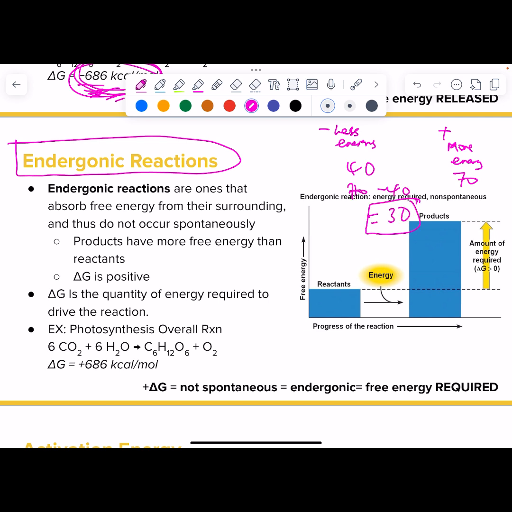What does it mean? It means that that kind of reaction proceeded by absorbing energy. An example of that is photosynthesis. When we calculate the Gibbs free energy or change in energy for photosynthesis, it is always positive. It means the products, like glucose, they have more energy compared to the reactants. The reactants are here lower, carbon dioxide and water.